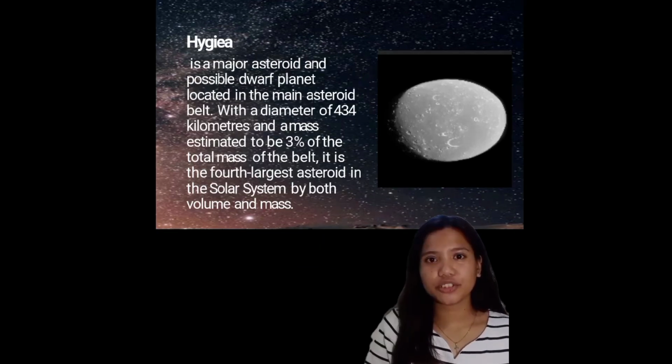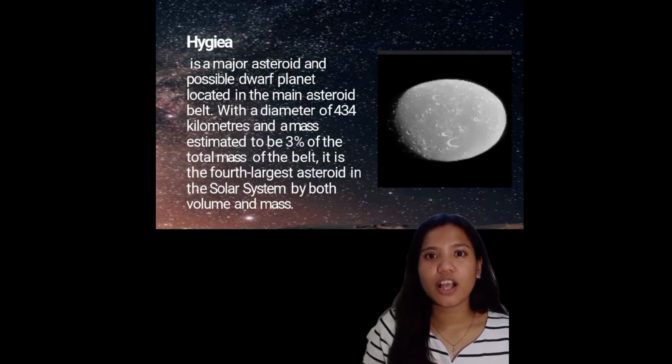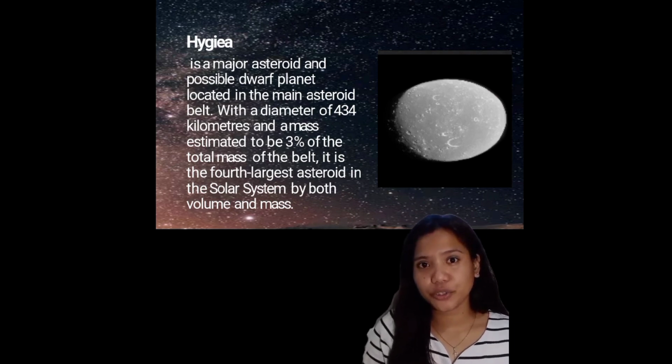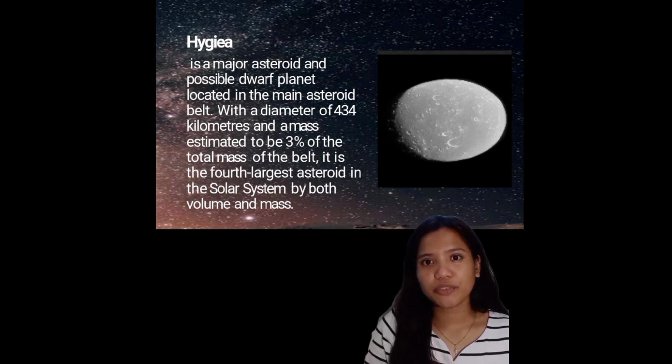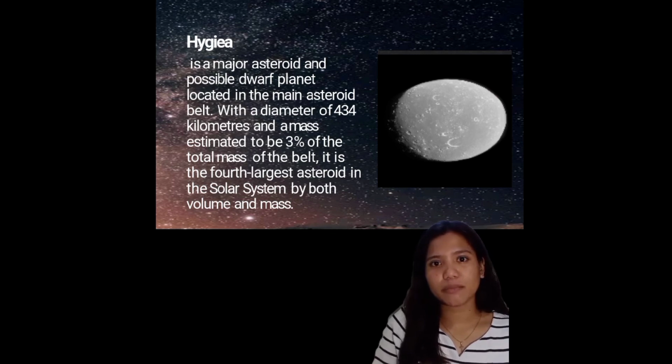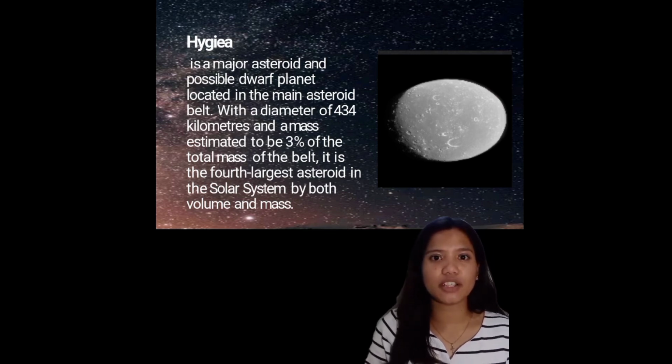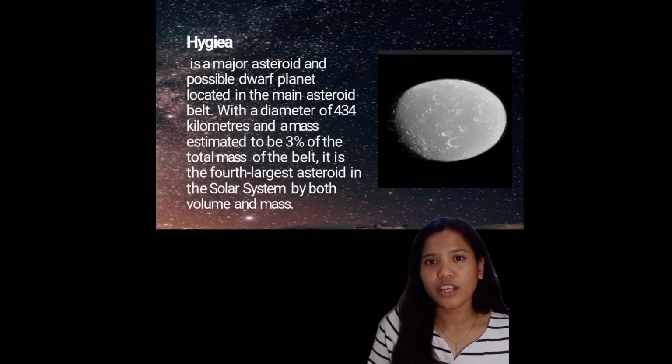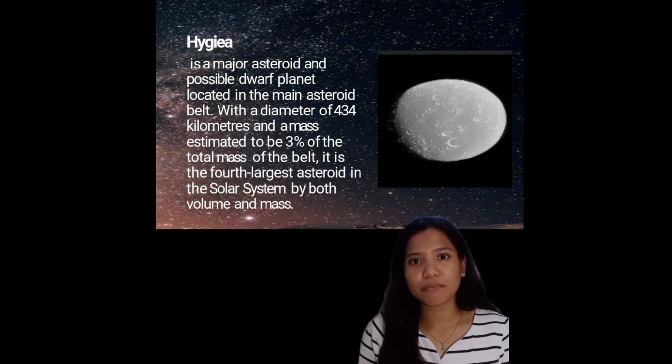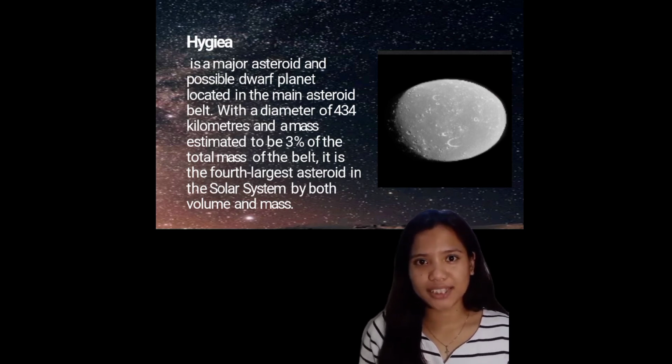It is a major asteroid and possible dwarf planet located in the main asteroid belt, with a diameter of 434 kilometers and a mass estimated to be 3% of the total mass of the belt. It is the fourth largest asteroid in the solar system by both volume and mass.